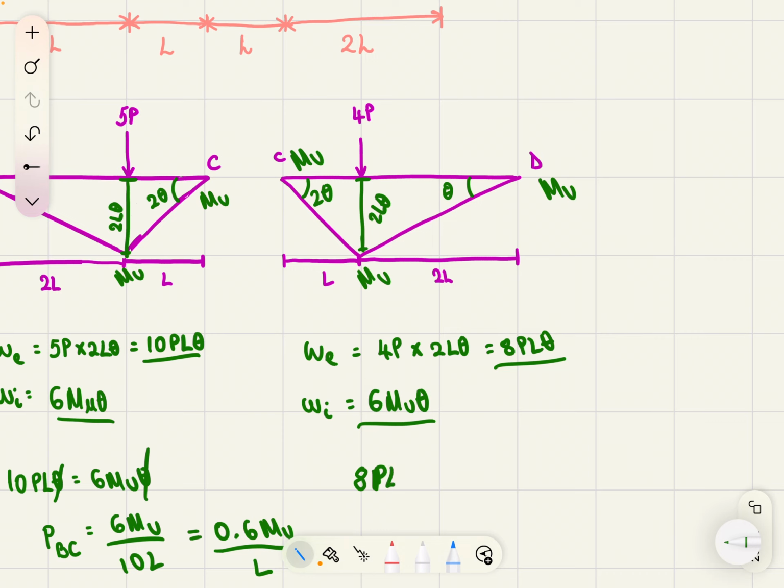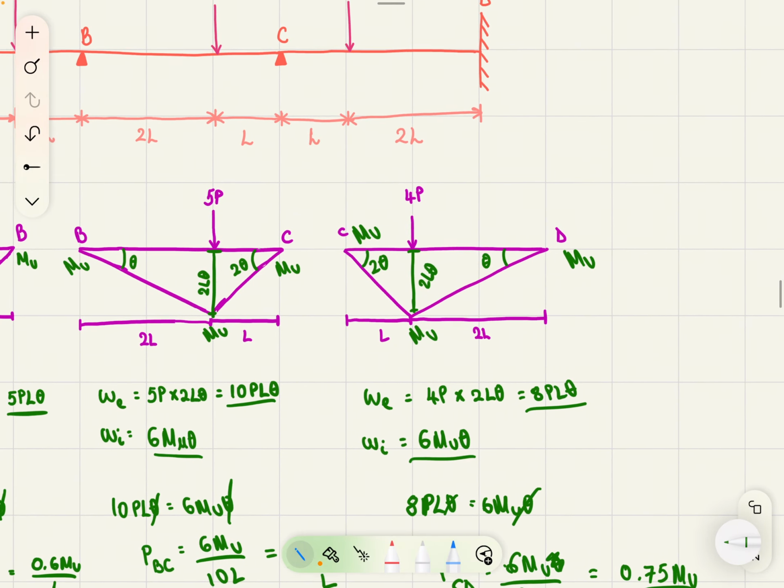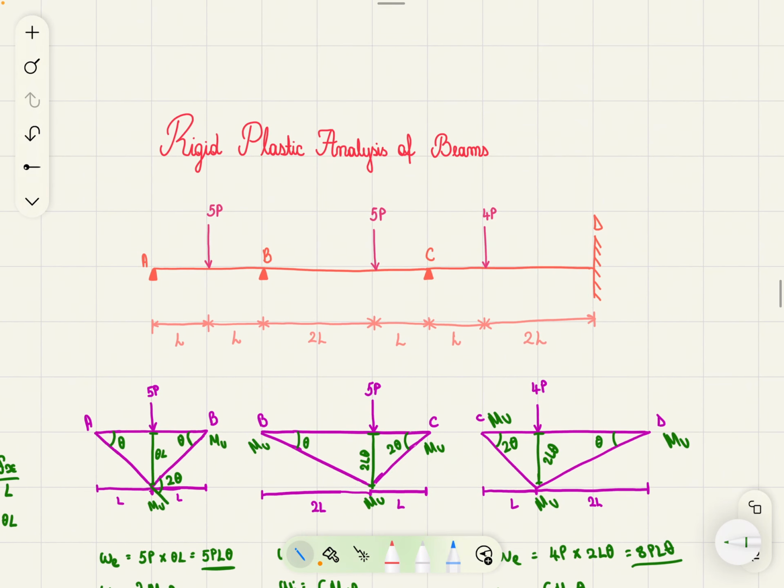Now equate the internal and external work, and rearrange for P, the collapse load between C and D of the structure. So 6 Mu theta over 8L, so 0.75 Mu over L. So now we have the 3 collapse mechanisms and the 3 collapse loads.